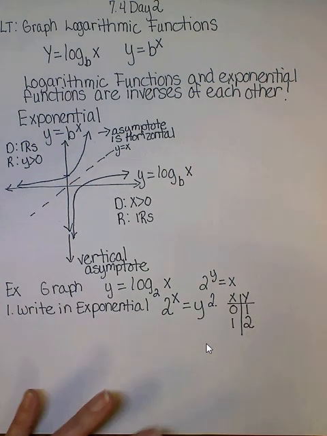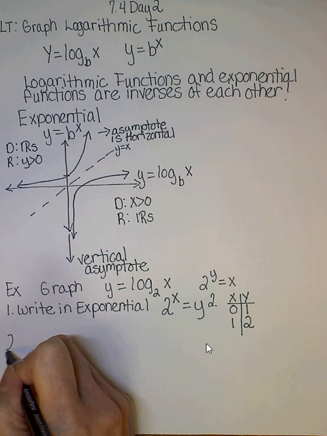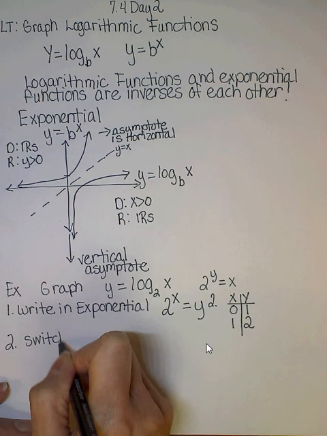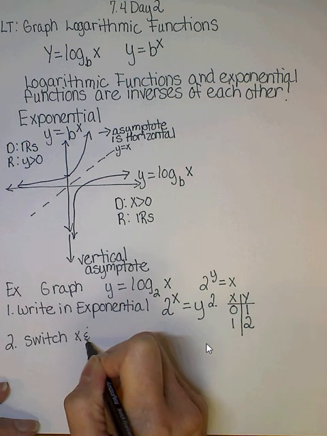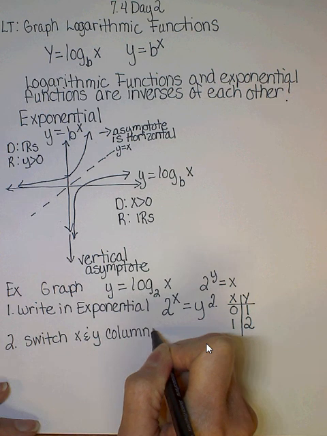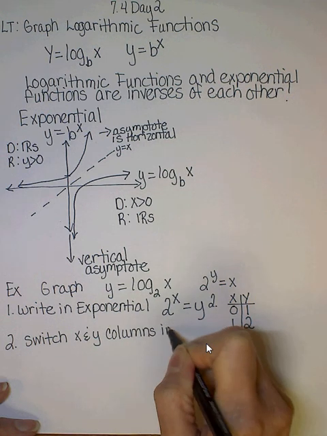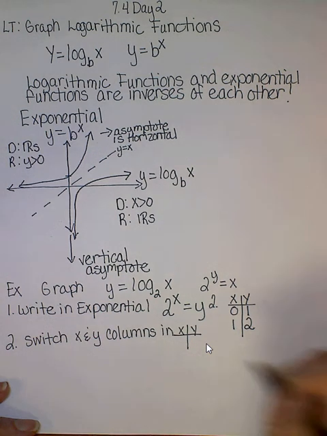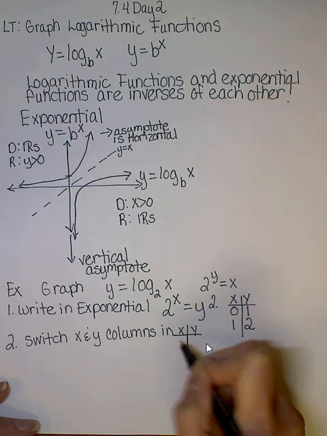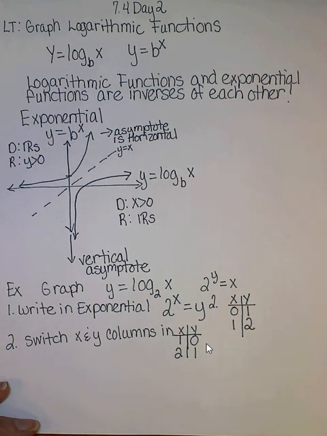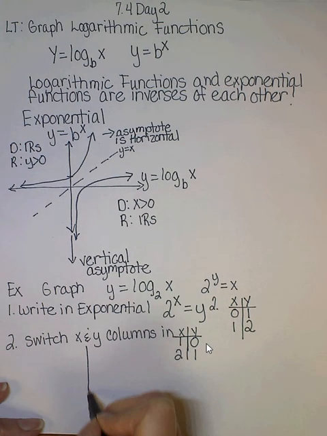Now, because the x and the y switch places, we're going to switch x and y columns in your input-output table. So I would put 1, 2 here and 0, 1 here. So these are the points for your logarithm graph.